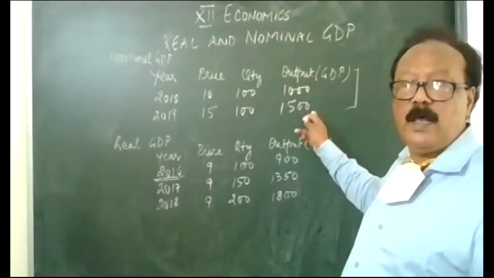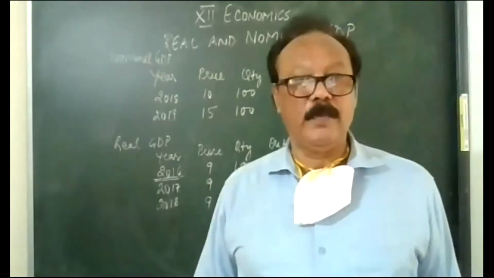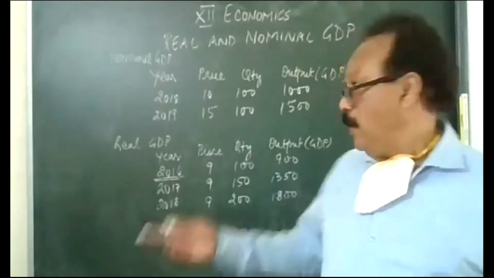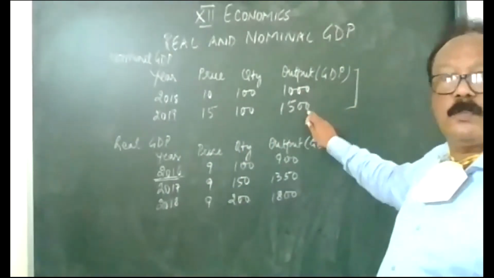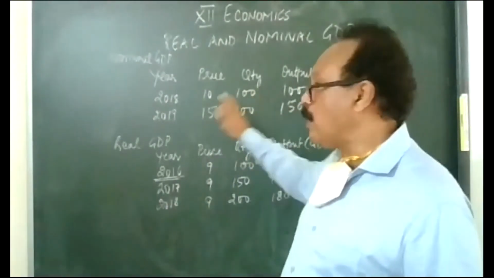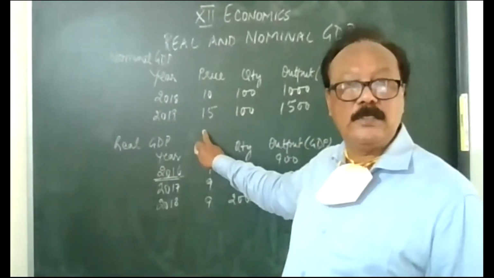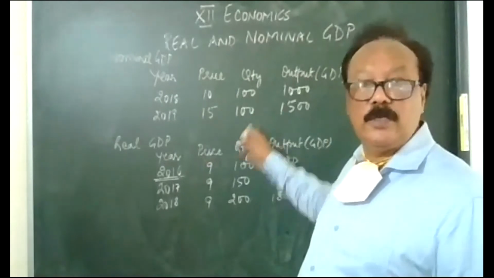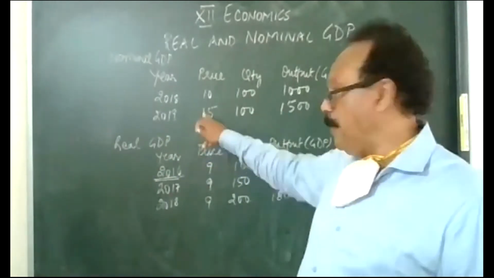Now this is not the real reflection of the GDP, not the real reflection of the growth in the economy. It is growing 1,000 to 1,500, but it is only because of the increase in price, not because the quantity has increased.